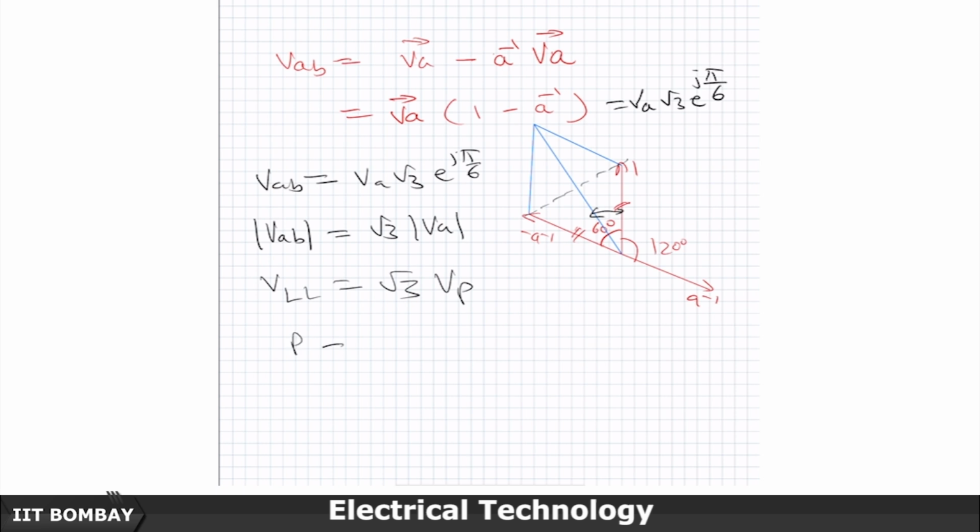So, in a star connection, this is called a star connection, the line voltage is leading the corresponding phase voltage by 30 degrees.